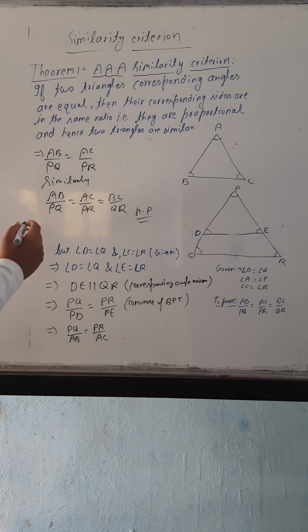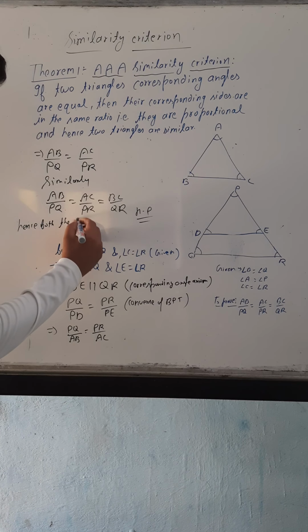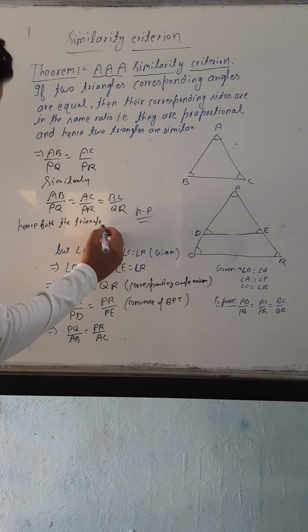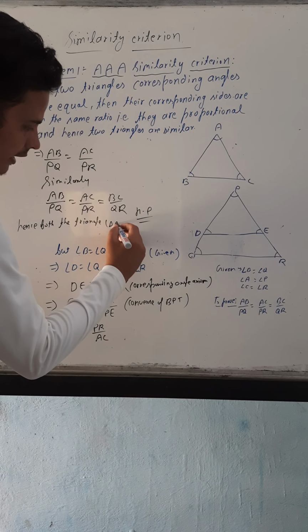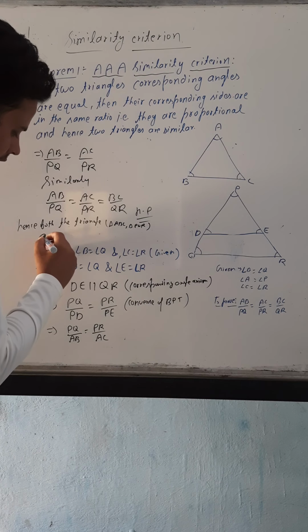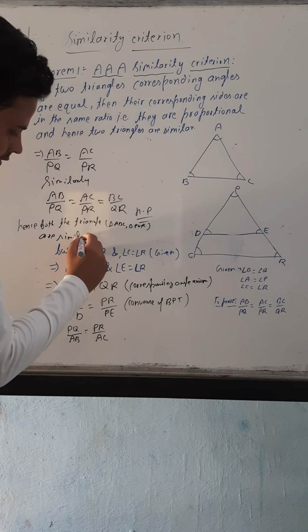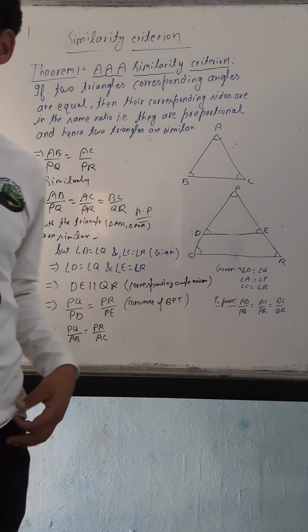Hence both the triangles, which ones? ABC and PQR. Triangle ABC and triangle PQR are similar. So you can write it. Yes or not? Getting it? So this is how you will prove the theorem.